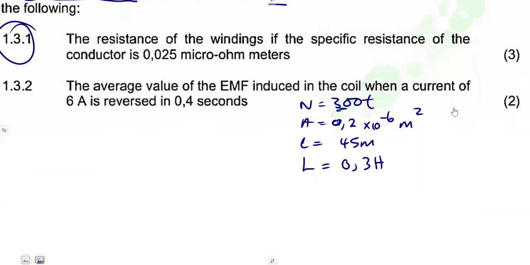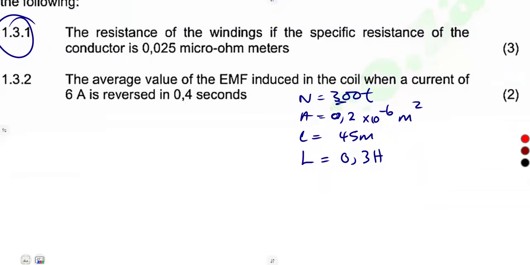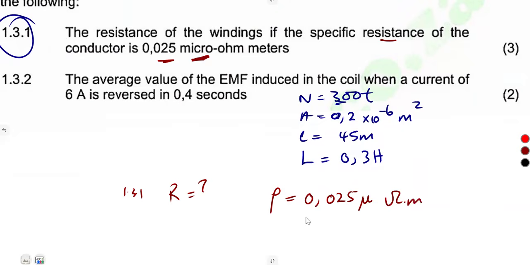The resistance of the windings, if the specific resistance of the conductor is, all right, what is the resistance if the resistivity of the given winding is 0.025 micro ohm meters, micro times 10 to the exponent of -6.